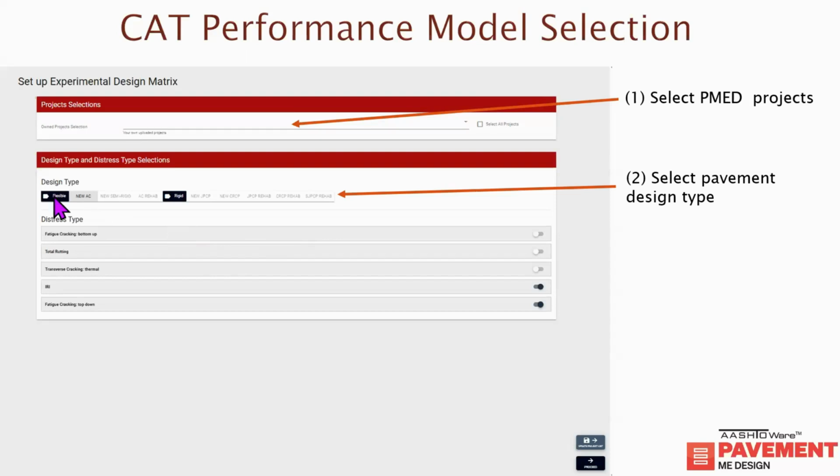And then you're going to have to select the design type. For flexible, under that category, you have new flexible, new semi-rigid, and AC rehab.